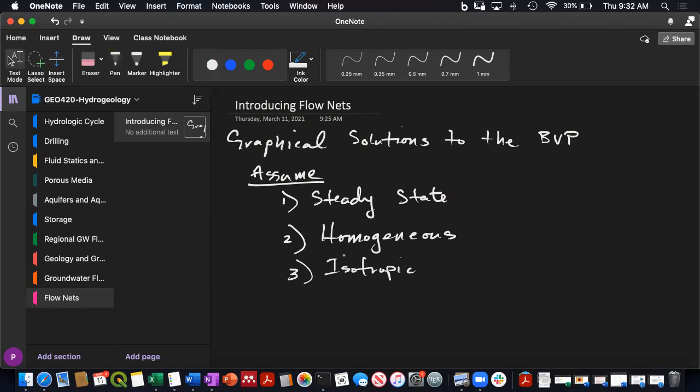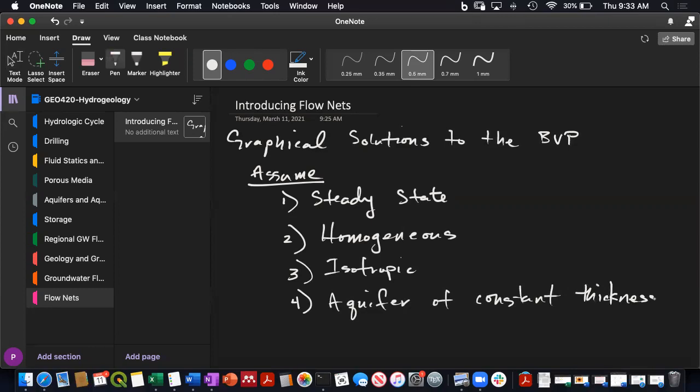And we're going to make another assumption, and that is an aquifer of constant thickness. We'll address each one of these assumptions and their effect on flow nets, but let's just make these assumptions to start off with.